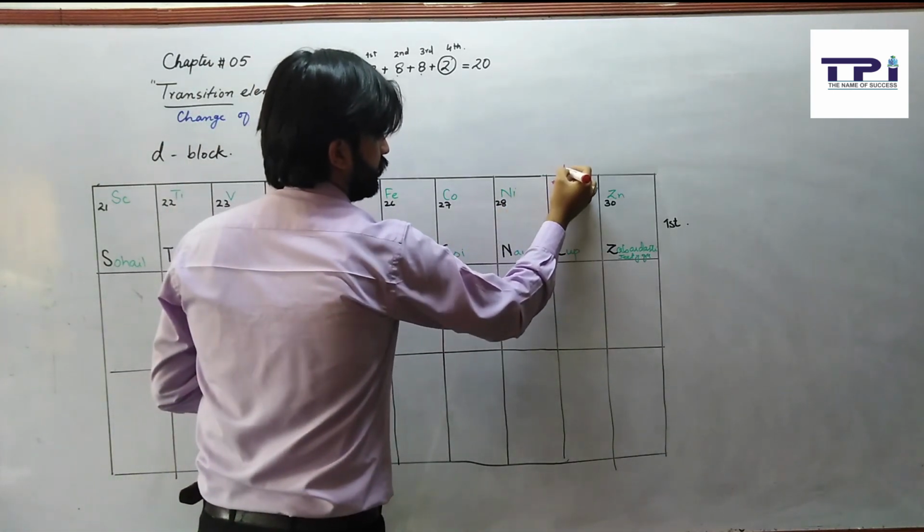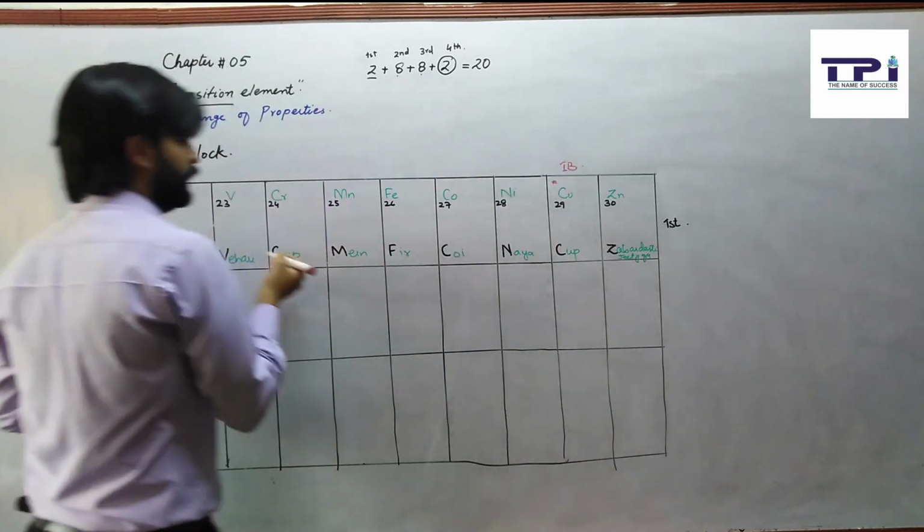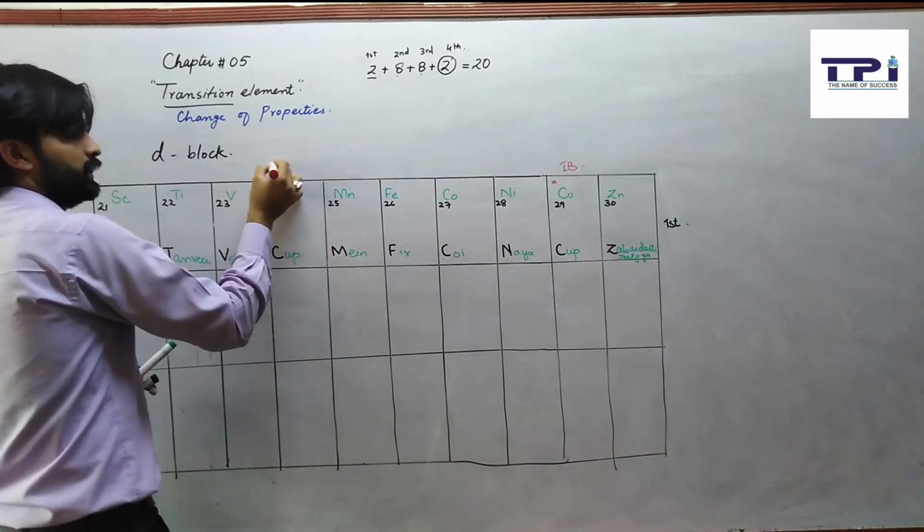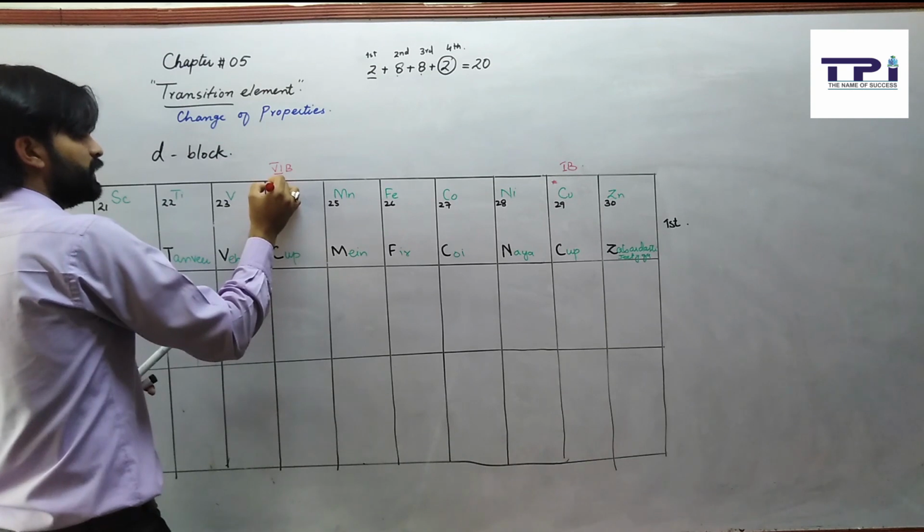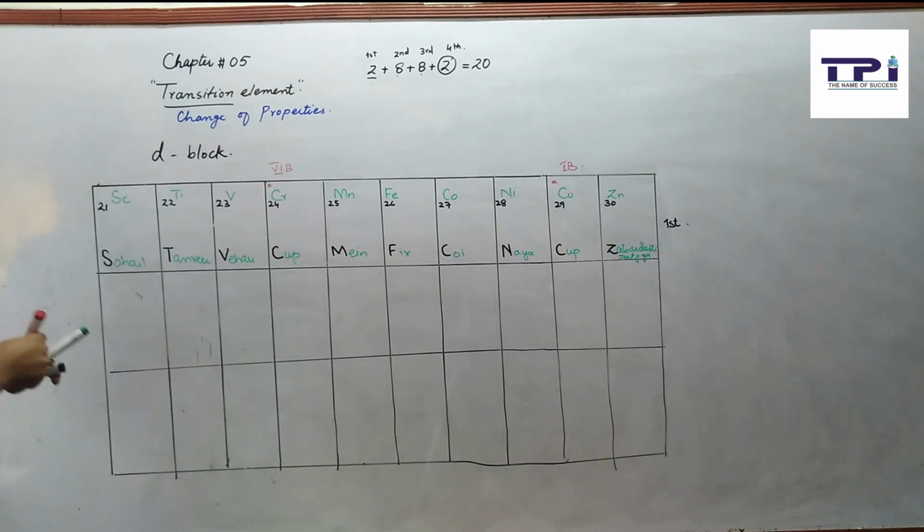Okay. Now you have to remember that group 1B and 6B have problems in their configuration.